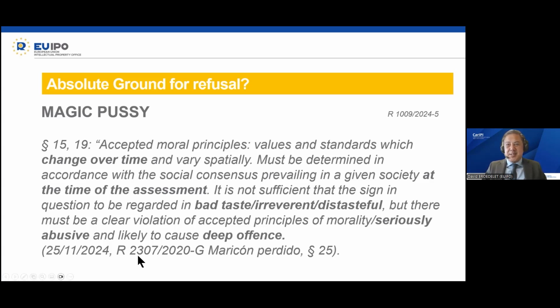You see here below another case, Maricon Perdido, which they based their decision on. You also see the number here, in case you're interested. In this case, it is 2307. If you paste that in our eSearch case law, you can have a look at what it is.